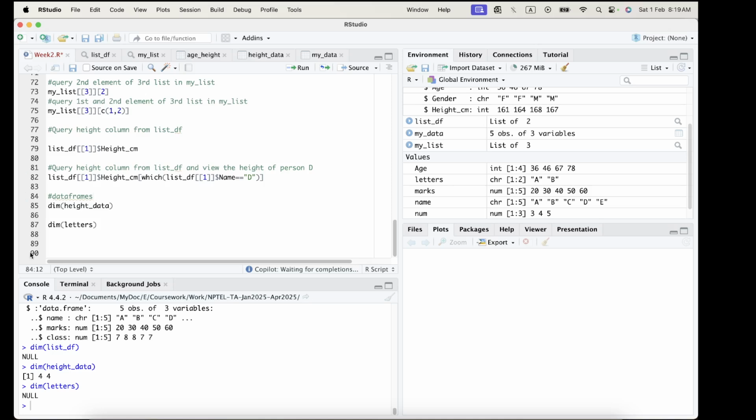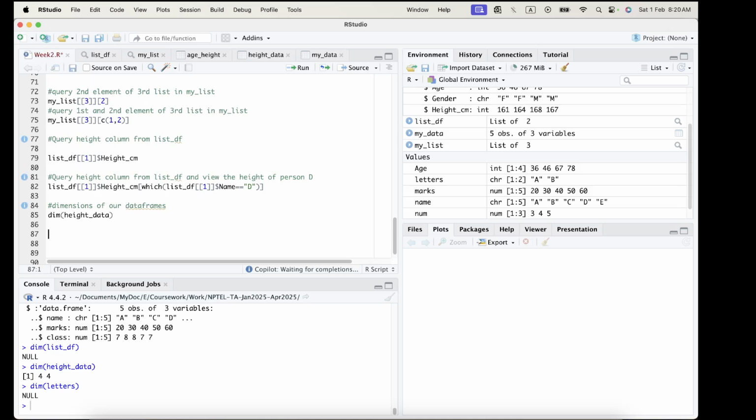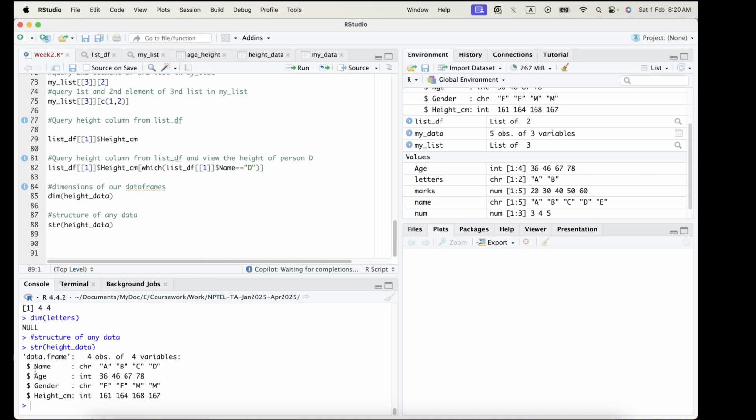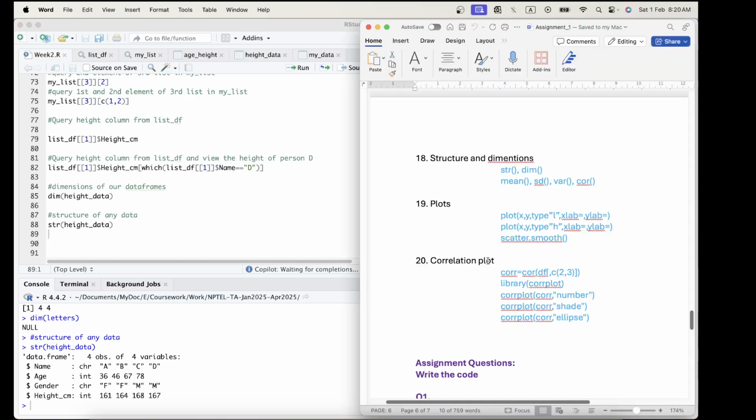So dim is going to give us the dimensions of our data frames, and str is going to give the structure of any data. Like this gives that it's a data frame. If I input a list, it will give me that it's a list, and so on and so forth.